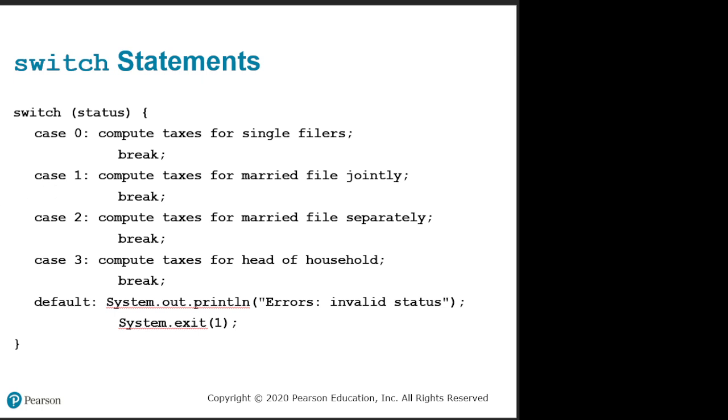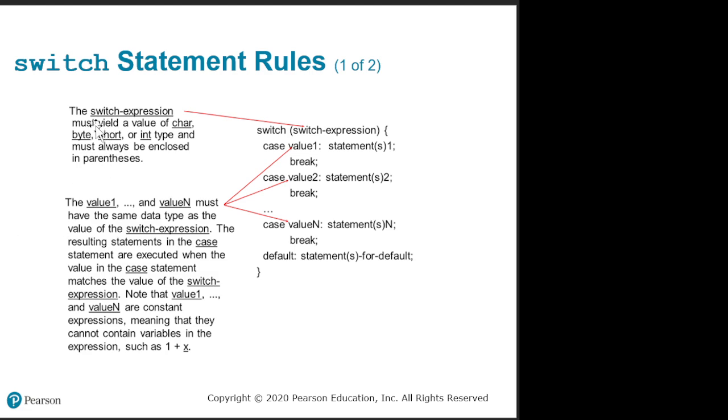And so switch statements work their way through a list of values. The switch expression must yield some value of a character or something that is an integer in type: integer, short, byte. And that must always be in parentheses. Then in the cases are the individual values, and these values must be the same data type as up here. So you can process characters with cases.